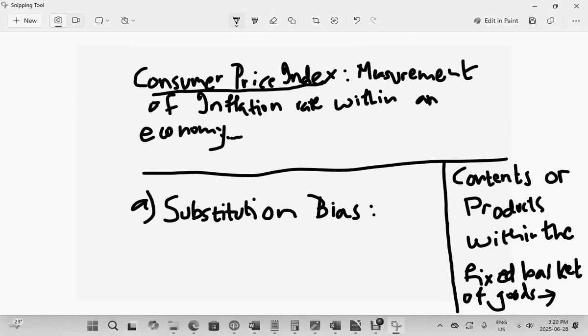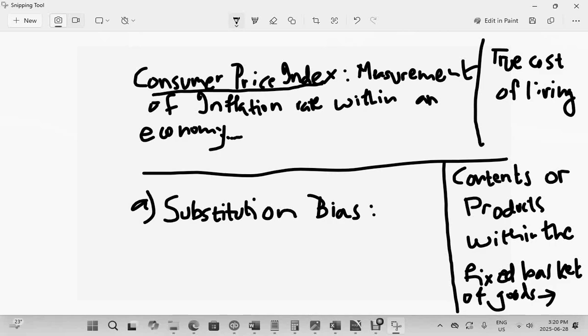This is your true cost of living, and it has to do with consumers who spend on items based on utility or satisfaction.